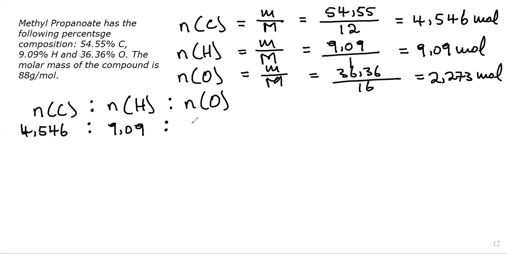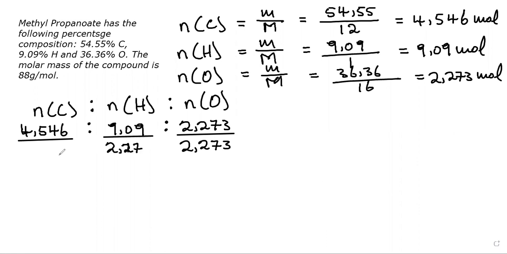And then the moles of oxygen will just be 2.273. Then from this point, we are going to divide all of these moles by the smallest number of moles. So the smallest is going to be 2.273. So you divide everyone by the smallest.